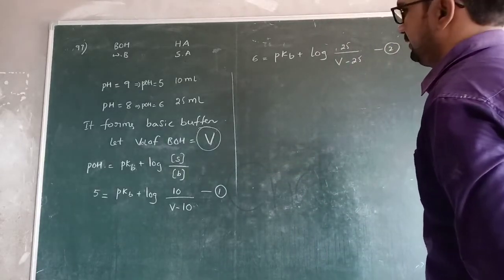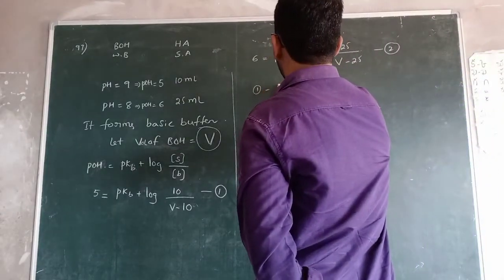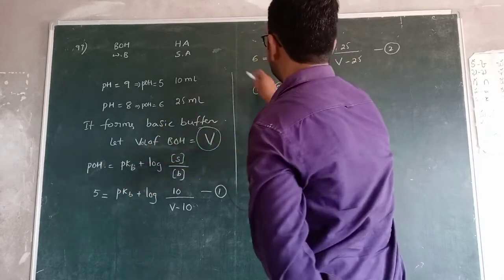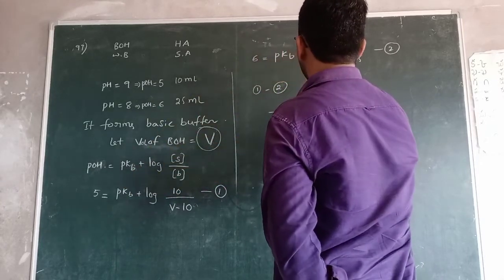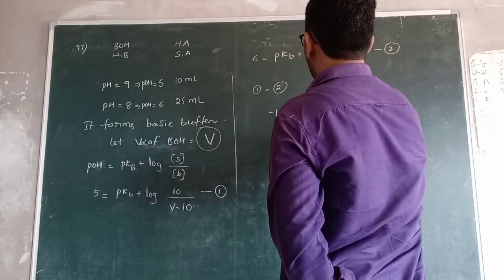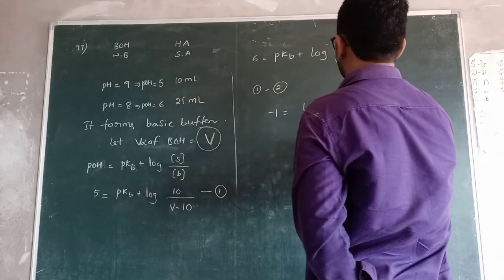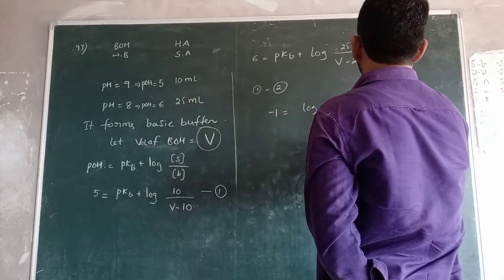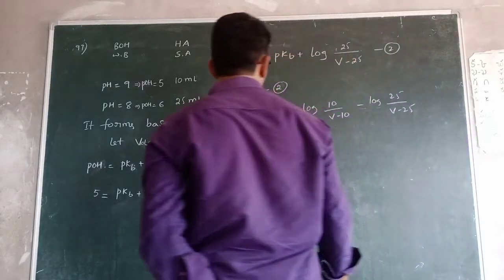Now subtract 1 minus 2. 5 minus 6 is minus 1. pKb minus pKb is 0. So log 10 by V minus 10 minus log 25 by V minus 25.